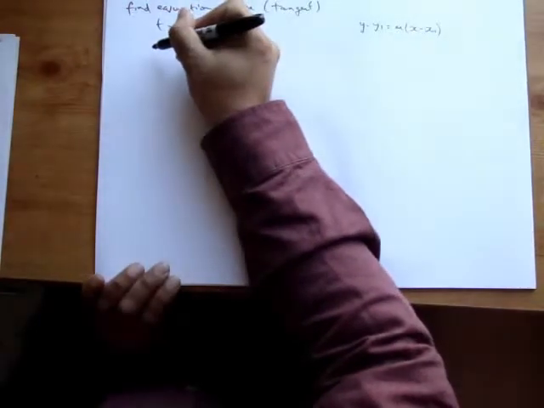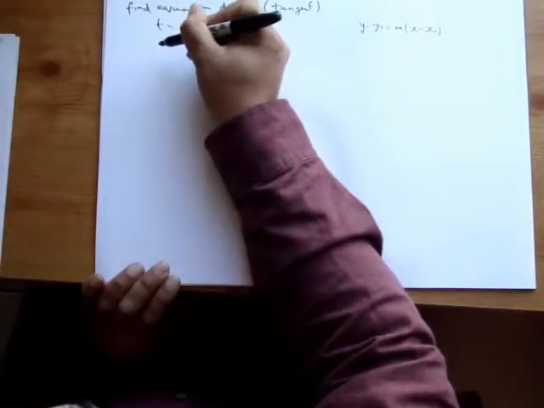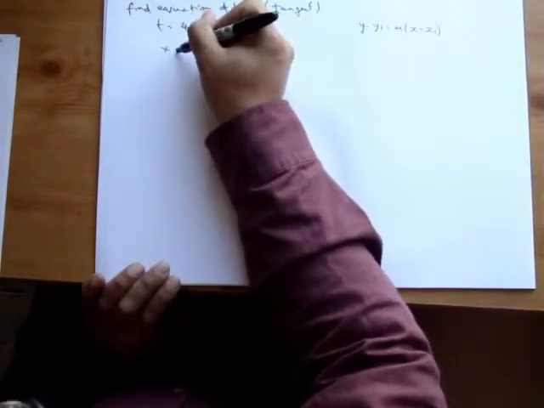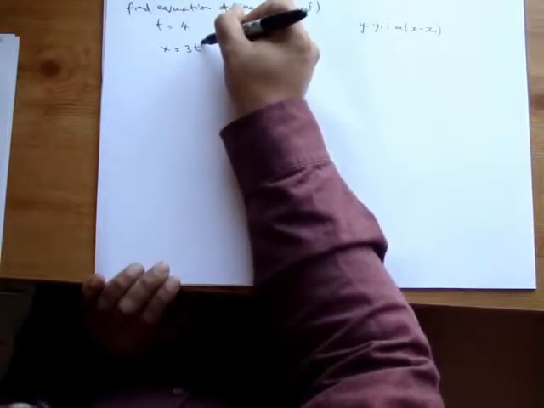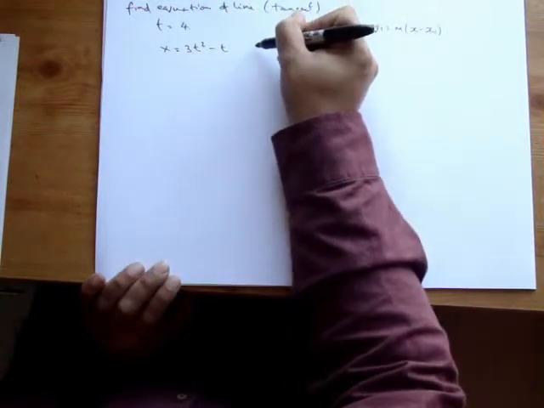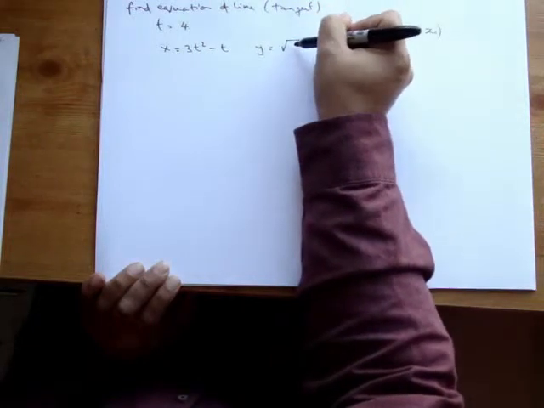The parametric equations we're given: x equals 3t squared minus t, and y equals square root of t.